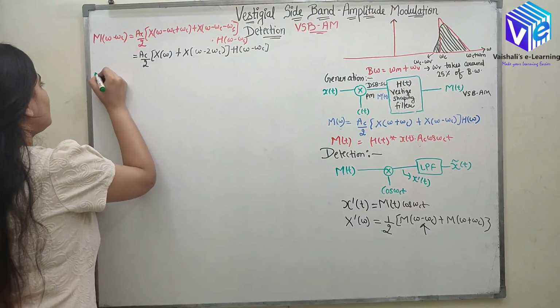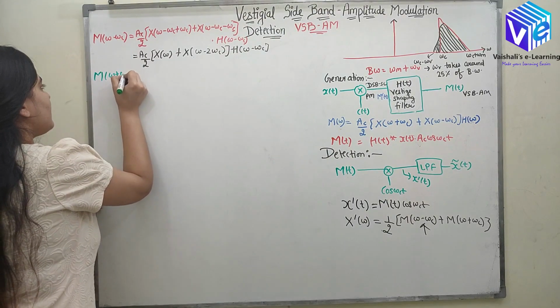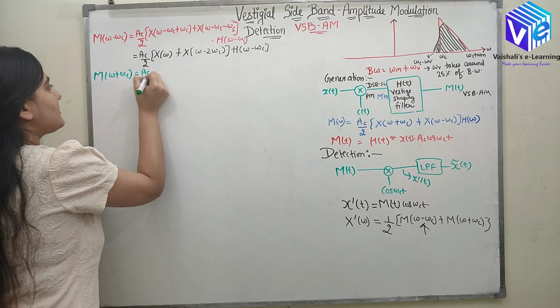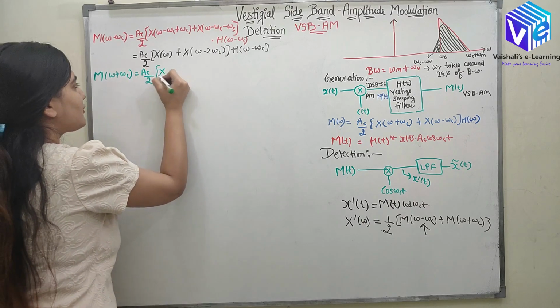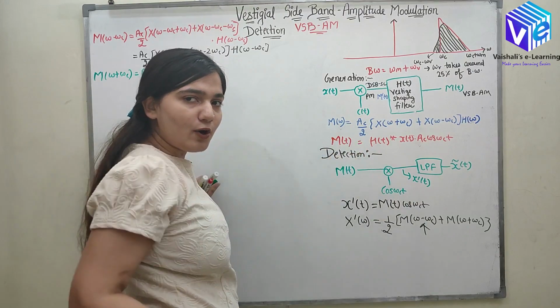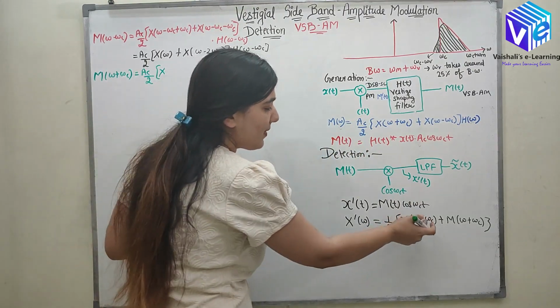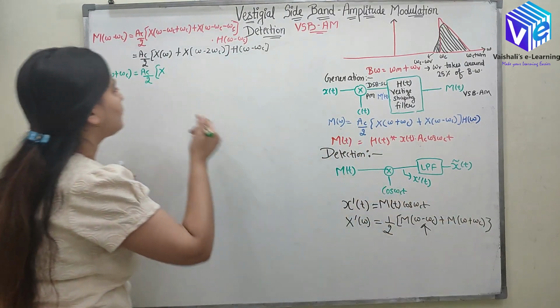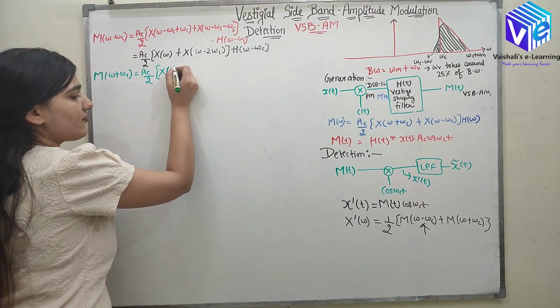M(ω+ωc) would be equal to Ac/2 times X, and now instead of ω I put ω+ωc, because I need the frequency shifted version.